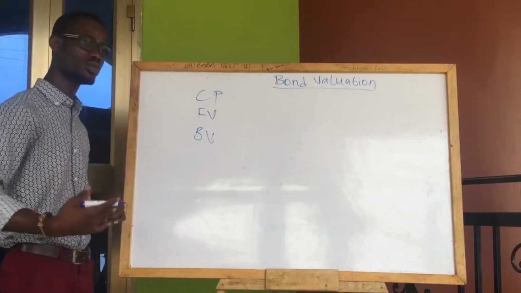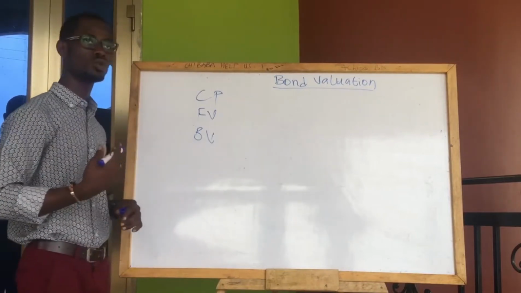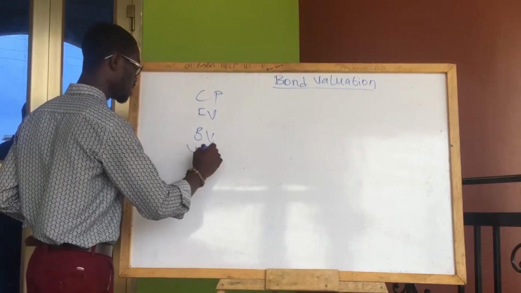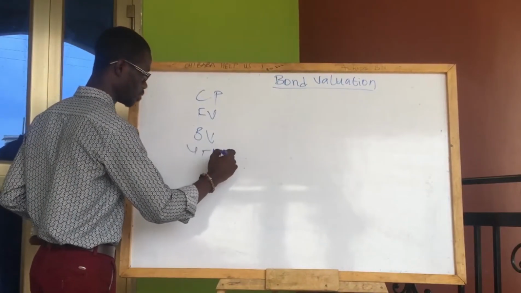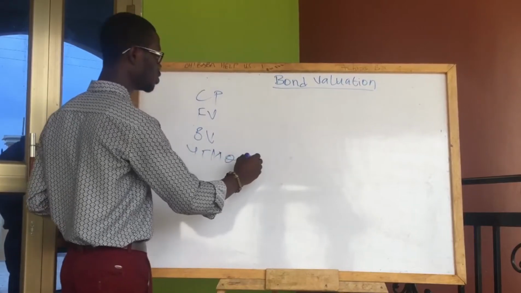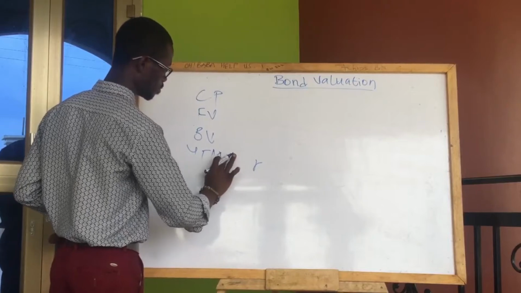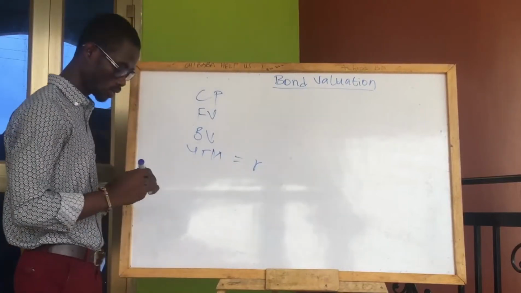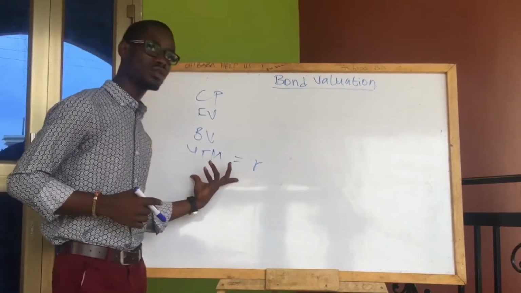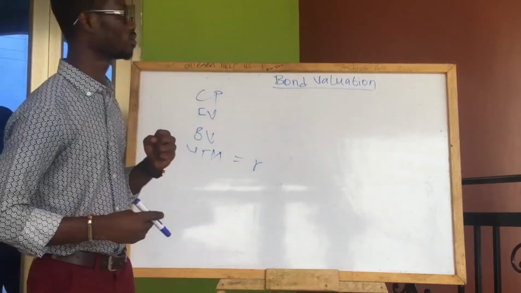Then we have the interest rate or yield to maturity. Some people call it YTM or R. That is the interest rate. The yield to maturity is the interest rate.